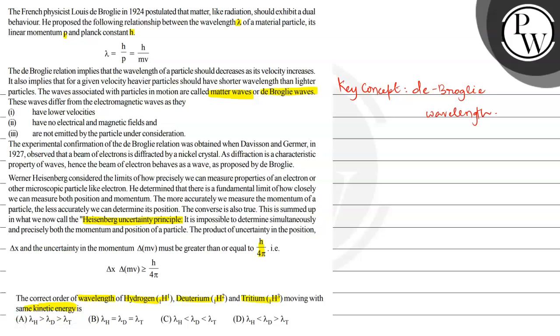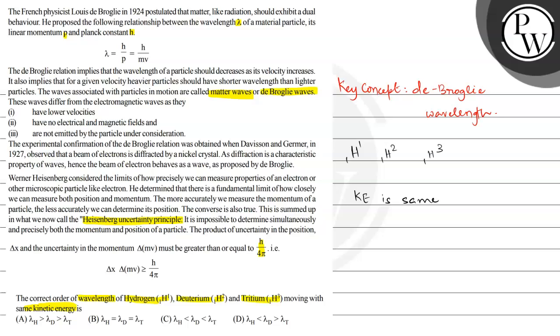So this is hydrogen 1H1, deuterium 1D2 and tritium 1T3. And here we can also write hydrogen like this. Here we have H2 and here we have H3. So here we are given their masses, atomic masses, and their kinetic energy is the same. So KE is same.